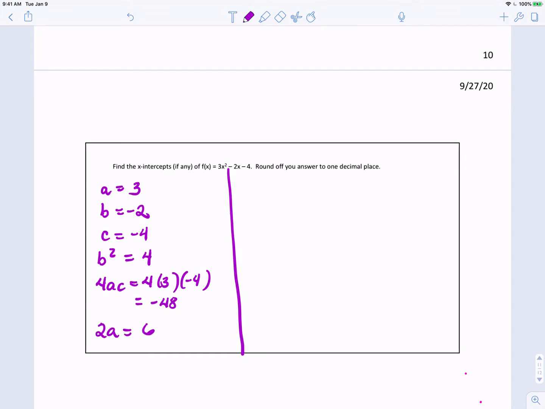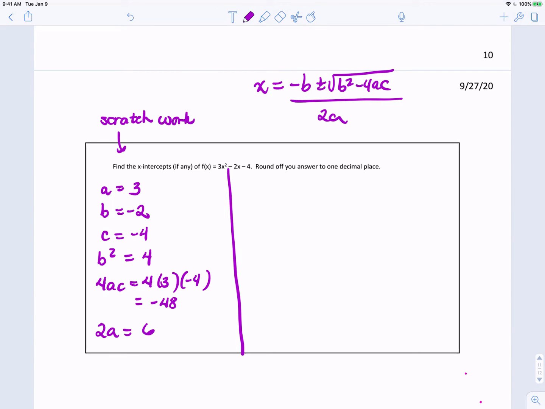So whenever I do the quadratic formula, I always put my scratch work off to the side. The reason I do that is because it makes simplifying the formula very easy, because when I simplify the formula, I'm only substituting in 4 numbers. So the formula again looks like this: x is equal to the opposite of b plus or minus the square root of b squared minus 4ac, all divided by 2a.